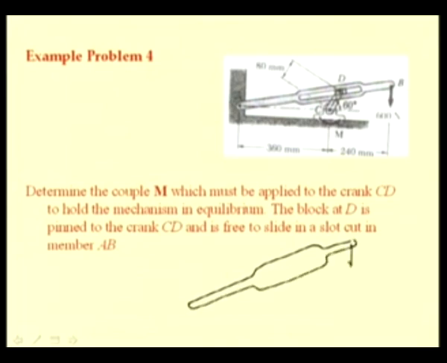We have the applied force at B as 600 Newton and at A we have the two pin reactions Ay and Ax, and in the slotted arm at D we have the reaction. Let us say we call this as force at D.